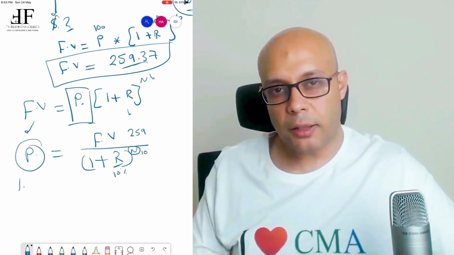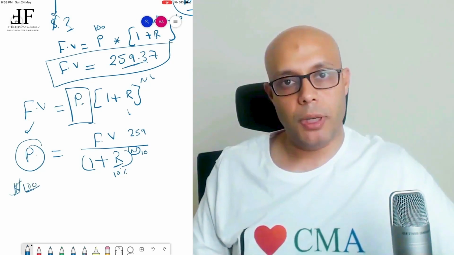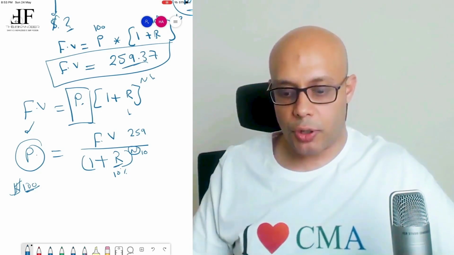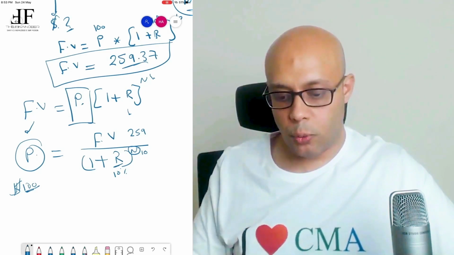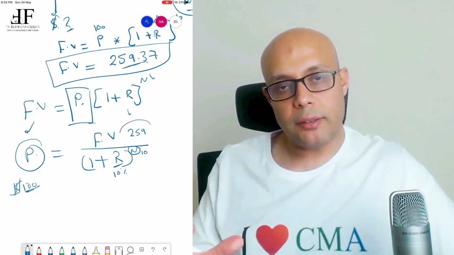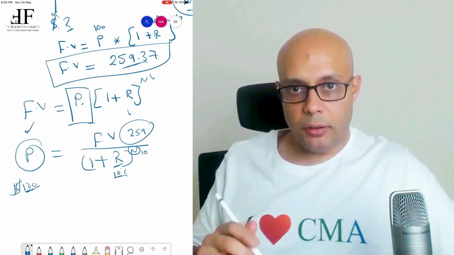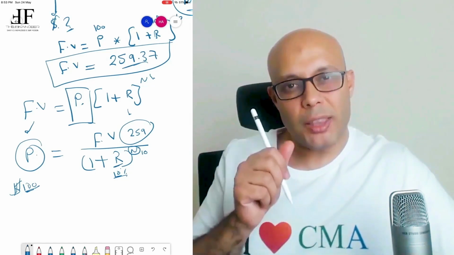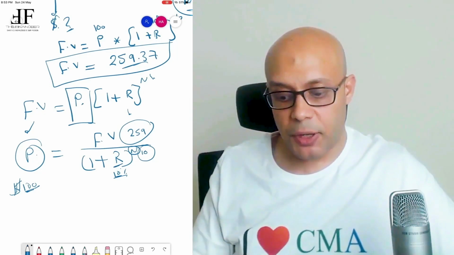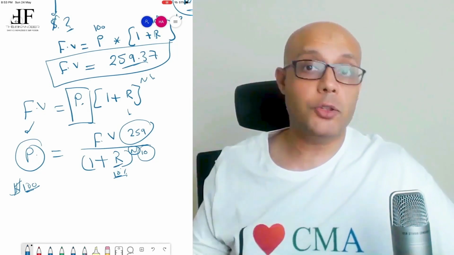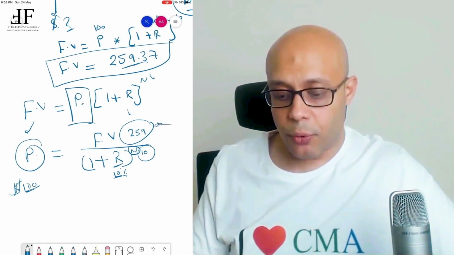How can we use it? Let's understand it in a different way. If you know the amount that you need to receive in the future, 259, and you know the interest rate that the bank agreed to give you, which is 10%, and you know you are going to keep it for 10 years, you need to calculate how much I should deposit today in the bank in order to receive a specific amount in the future, maybe to pay an installment, maybe to purchase a building, or maybe to do anything else.